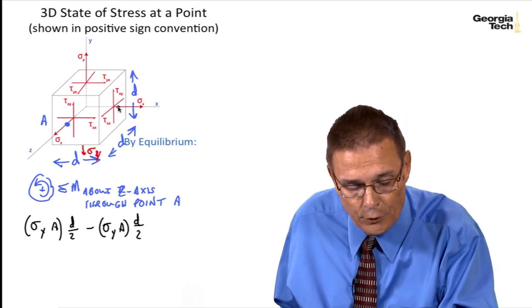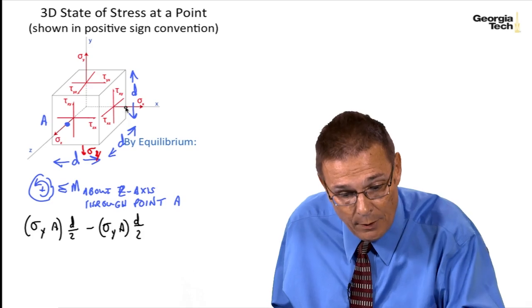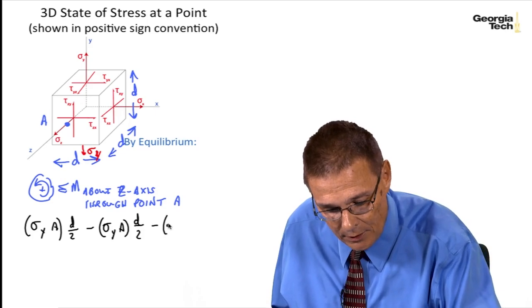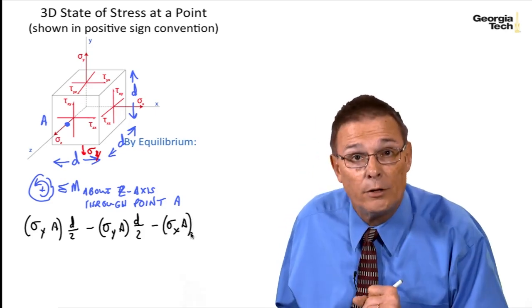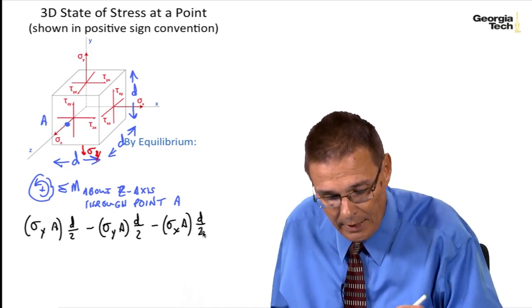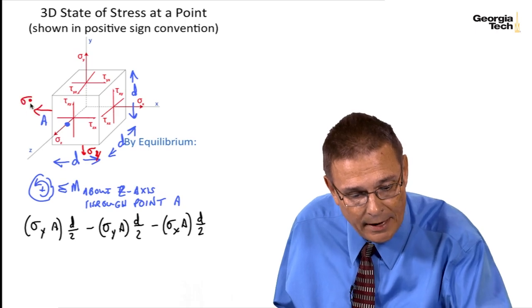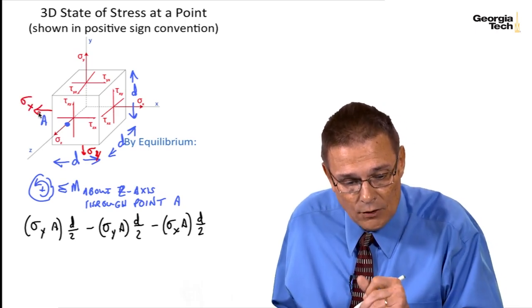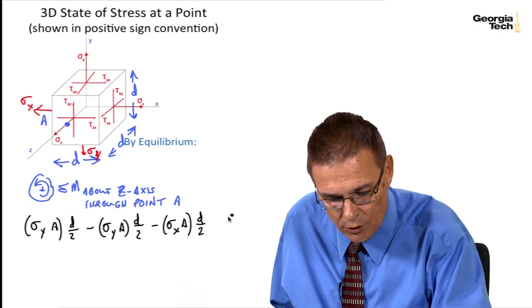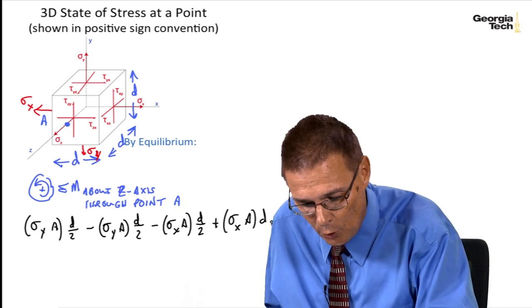Let's do the same thing for x. For sigma x, we have clockwise rotation here for this sigma sub x, so that's going to be minus sigma sub x times A, so it's converted into a force, times, again, d over 2 as the moment arm. And then we have a corresponding sigma x on the back side, and it's going to tend to cause a counterclockwise rotation, so that's going to be plus sigma sub x times A times d over 2.